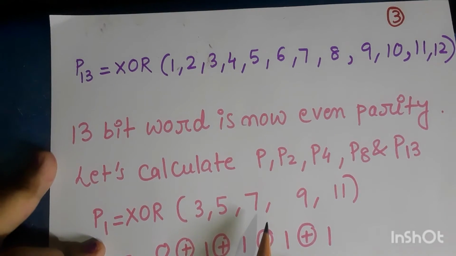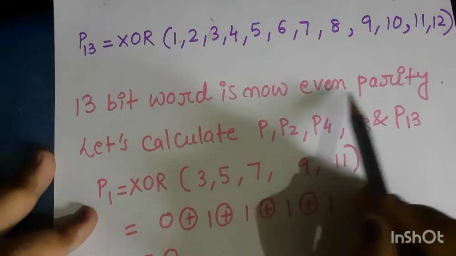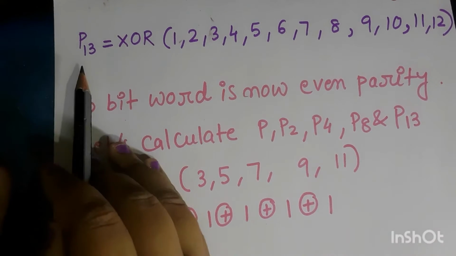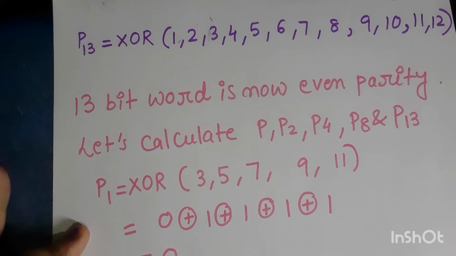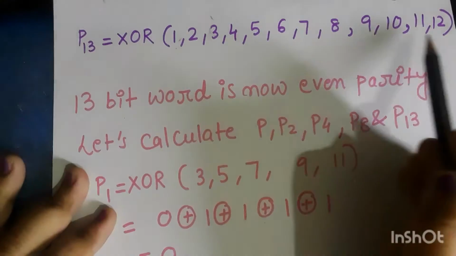Okay. This 13-bit word is now even parity. Now you understood, no? P13 would be 1 because XOR is an odd function, odd number of ones. P13 would be 1 if XOR comes as 1. And we learnt that it is the XOR of 1 to 12 bits.